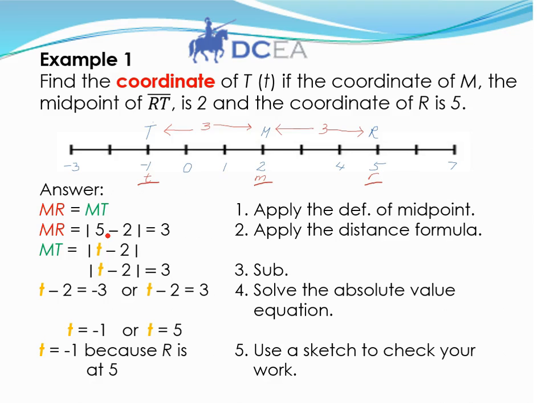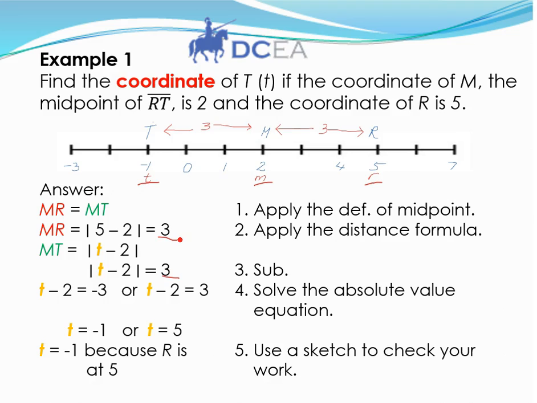So MT equals the absolute value of t minus 2. And when they solve that, well, one of the things we know is you stated here that MR is 3. The -1 minus 2 is also 3.